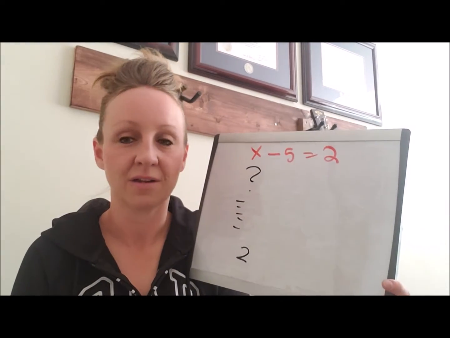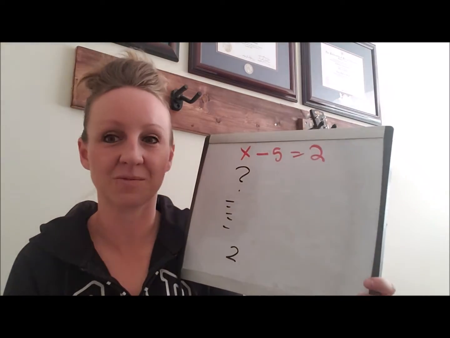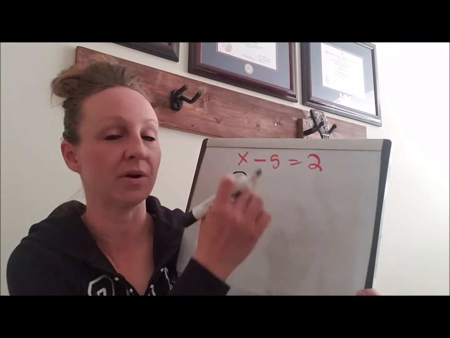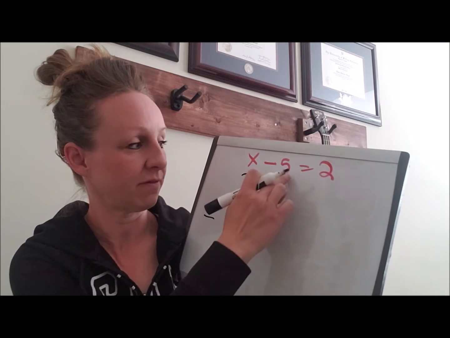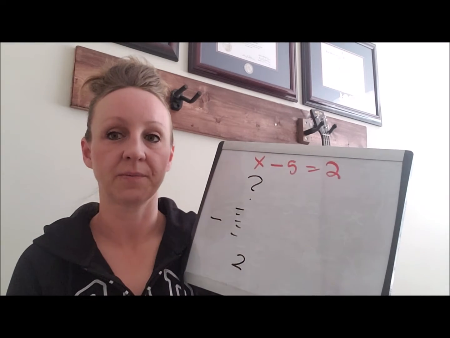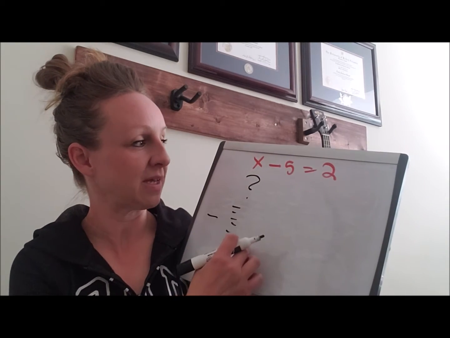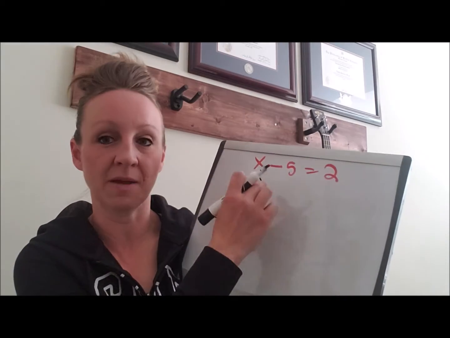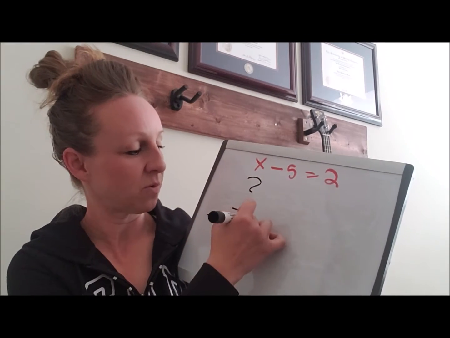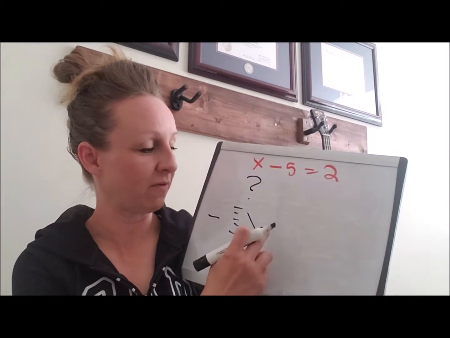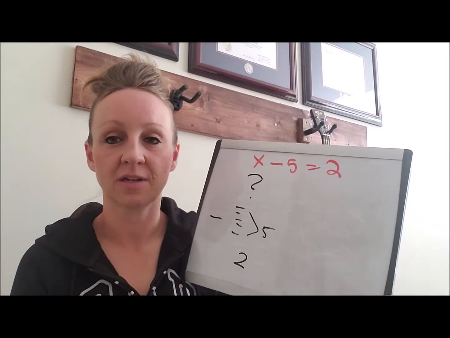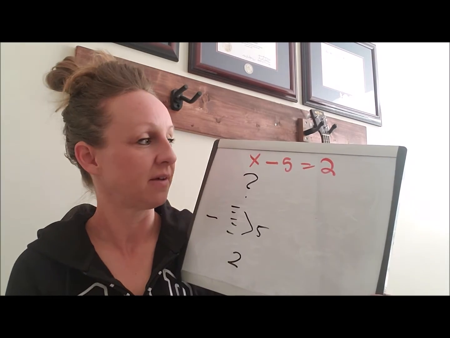There's some number, that's the variable, something. Taking away 5, I'm going to wind up with 2. So in order to figure out this something, this is worth 5, and if I add 2 and 5 together, I should figure out what that something means.